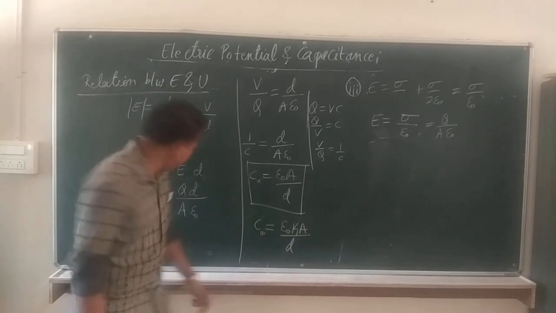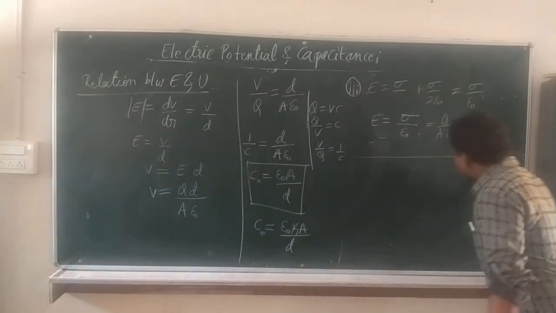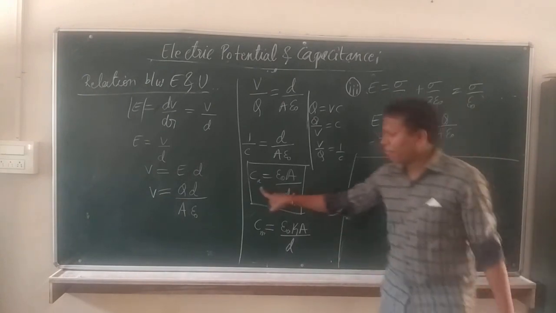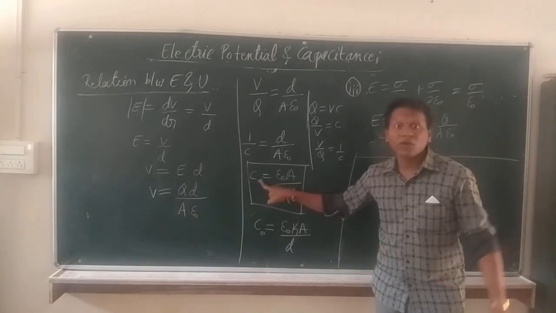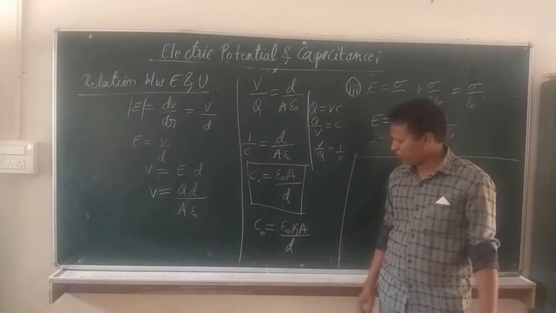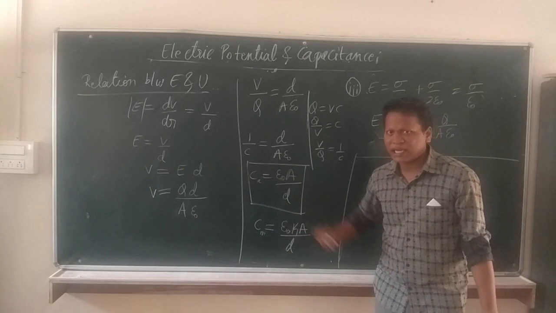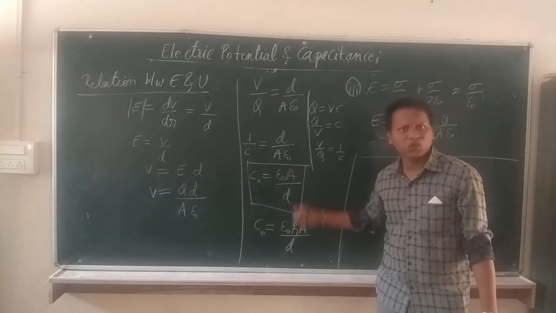One very interesting point I need to show here is this. Students, here I have the formula for the air medium and here the formula for the dielectric medium. I can get the relation between the air medium and the dielectric medium through these two expressions.